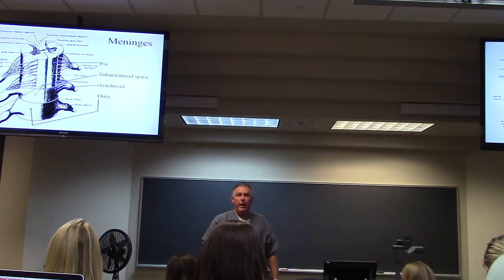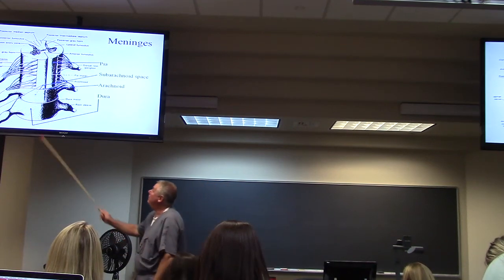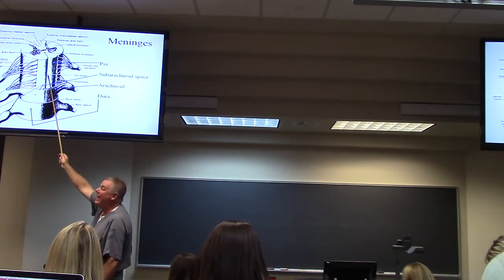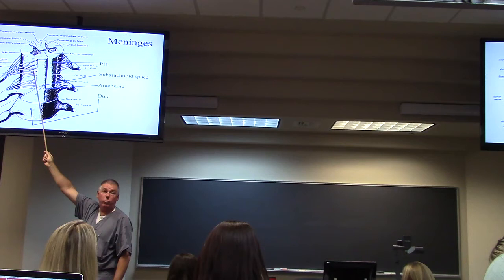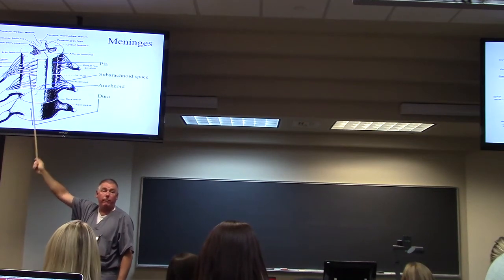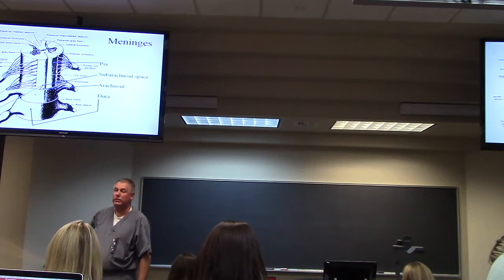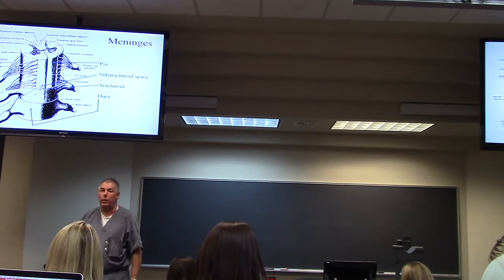If we remind ourselves of the meninges surrounding the cord, we have the pia that is adherent to the cord and to the rootlets themselves. They form the outermost layer of the nervous system. Next, you'll have the arachnoid, and beyond that will be the dura.